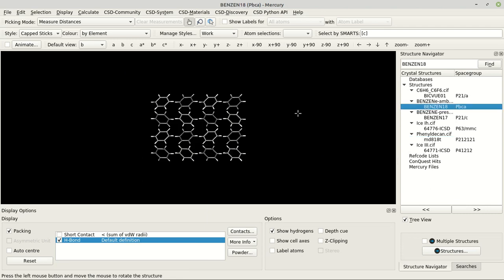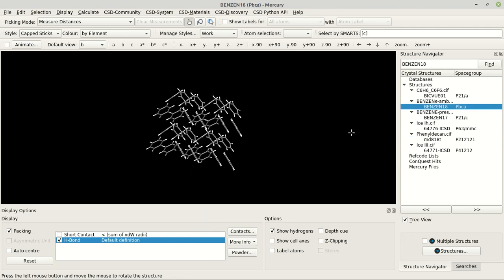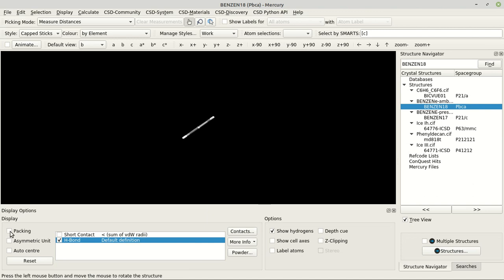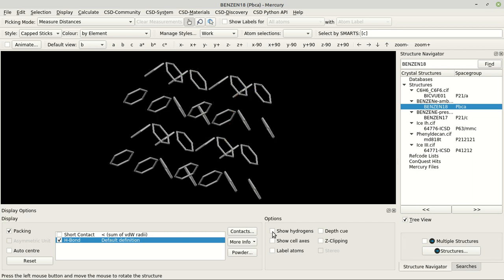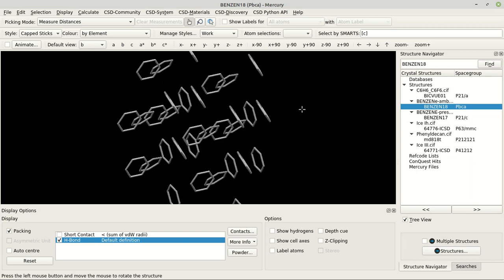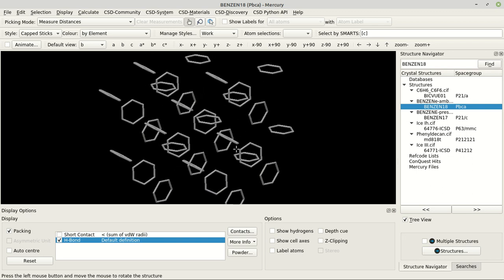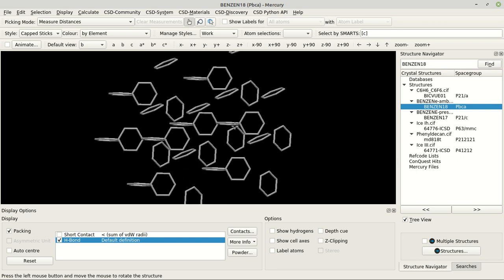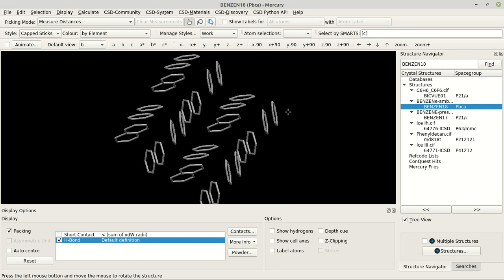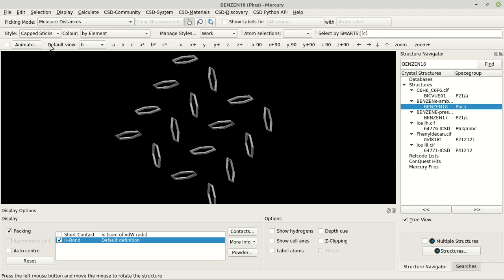Benzene ambient, here, nice. Let me hide the hydrogen atoms here, so maybe you can see a little bit better.